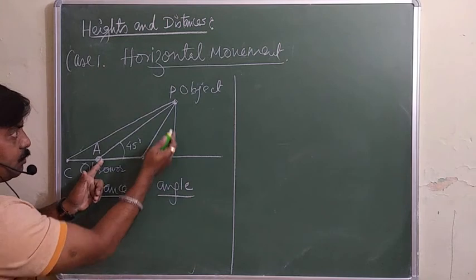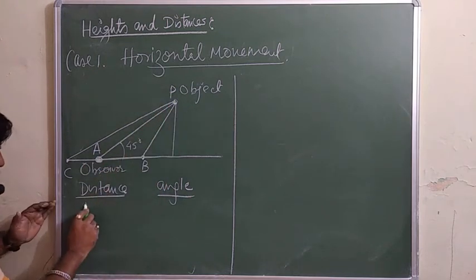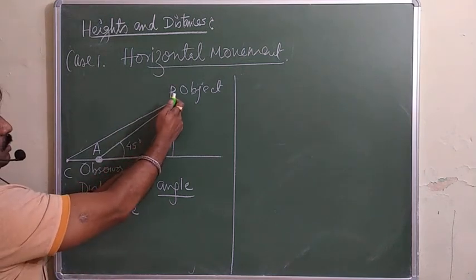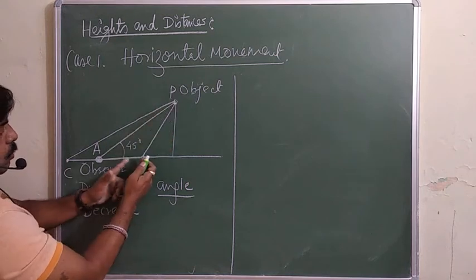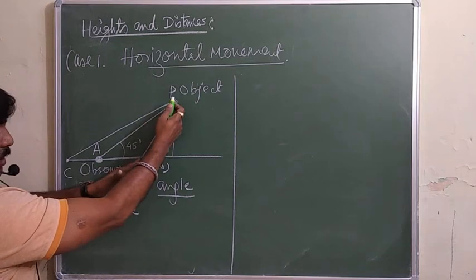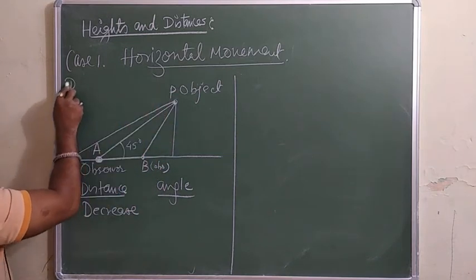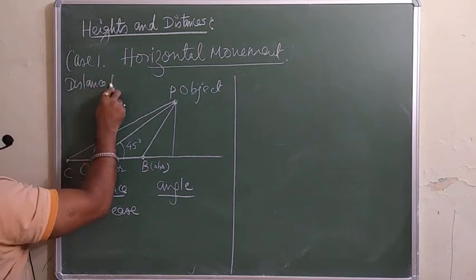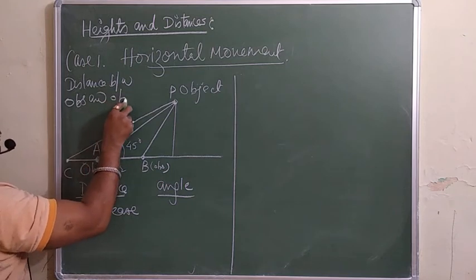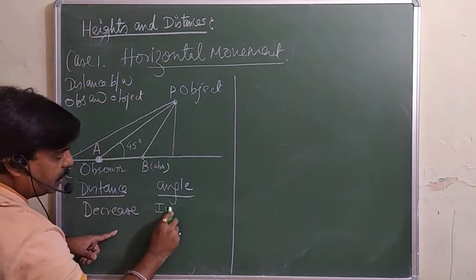So if the distance between observer and object is going to decrease, then the angle always increases.